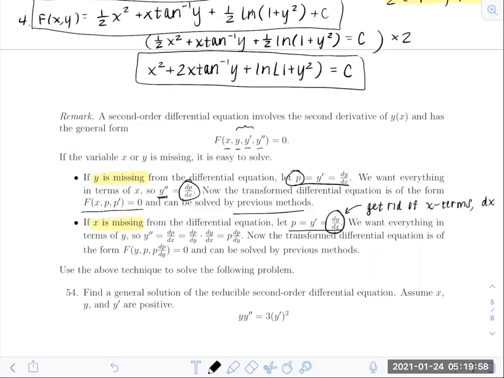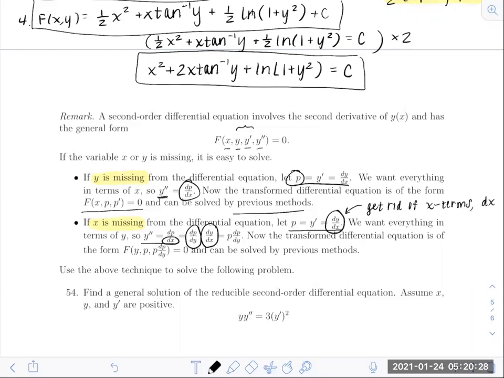So now let's take a look at y double prime. As it was in the previous bullet point, its derivative is dp dx. However, we do not want dx. So what we're going to do is run through the chain rule, and we're going to say, well, p was a function of y. So the chain rule says I can take the derivative of p with respect to y and multiply by the derivative of y with respect to x.